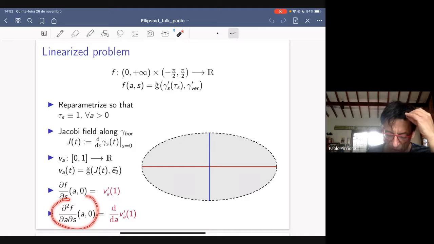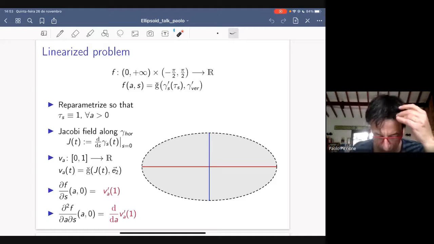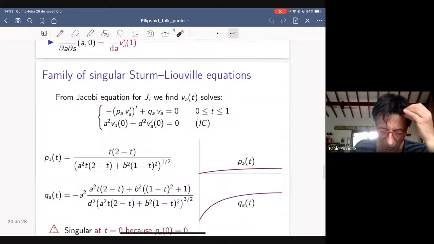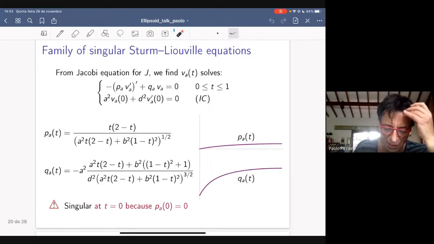The transversality condition requires computing the derivative of this object here, which is also computed easily, because at the point 1 there's no more singularity here, okay? So the Sturm-Liouville problem that we get is something of this form.